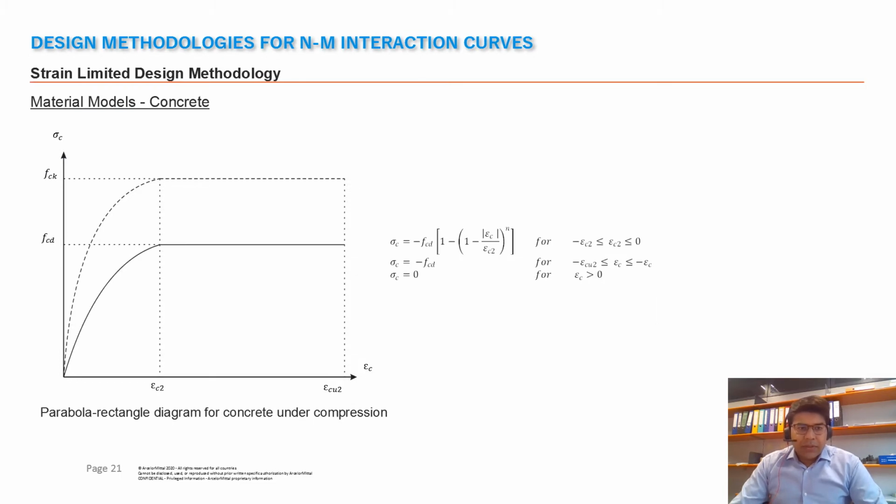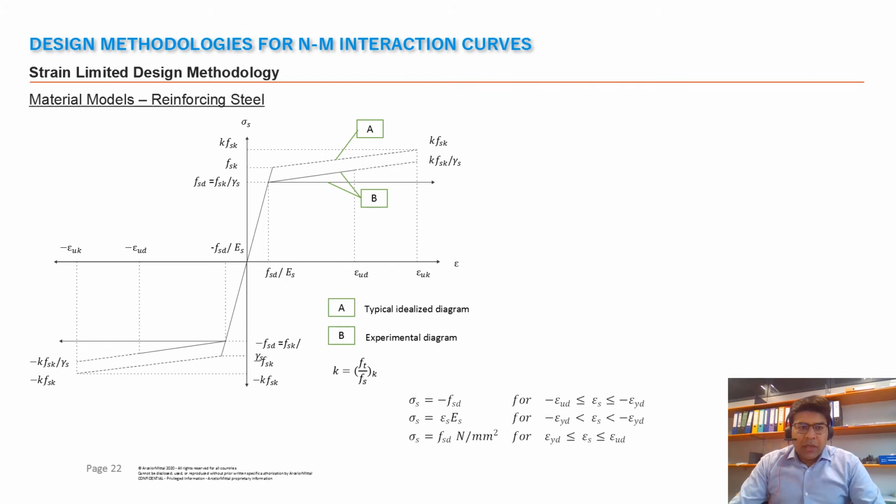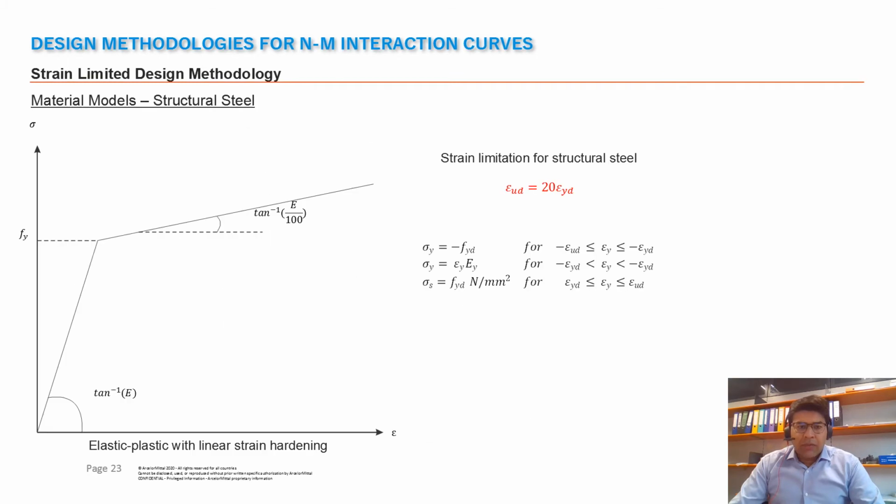As mentioned earlier, the strain limited design methodology involves the strain of the material, and in this case for concrete I used a parabola rectangular diagram for concrete under compression, and you can see different formulations using which we can calculate the stresses based on the strains in the cross section, followed by the bilinear model for reinforcing steel and for structural steel. Also to mention that the maximum strain taken for structural steel is 20 times epsilon yd.